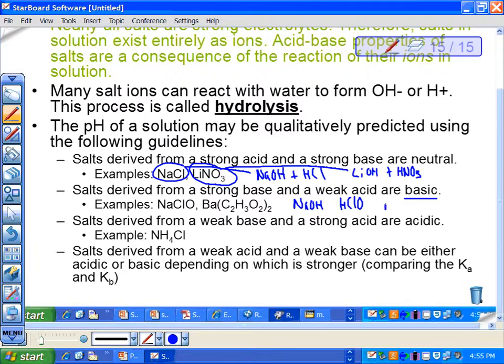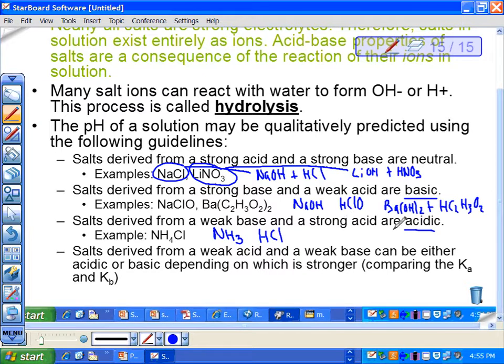This one probably came from barium hydroxide and acetic acid, so this is a strong base, a weak acid, so it's basic. This one's unique, probably came from ammonia, which is a weak base, and hydrochloric acid, which is a strong acid, so therefore this one's acidic.